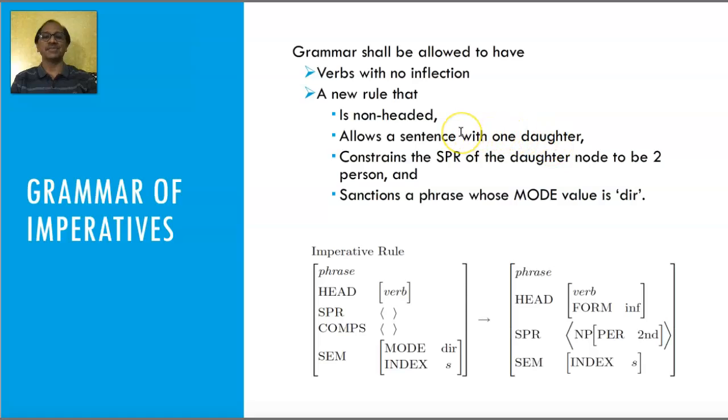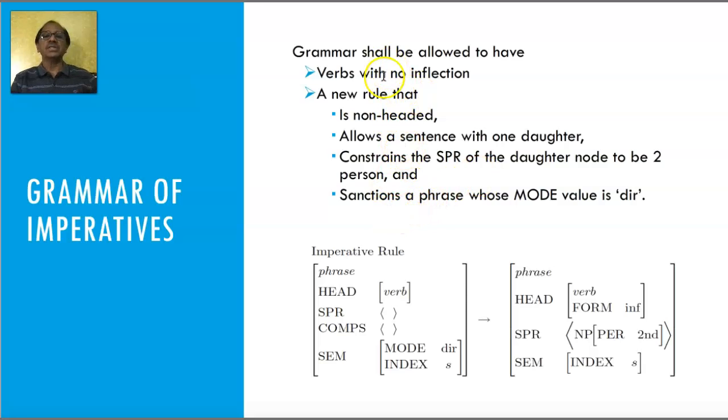That means you cannot have a subject, so there should be only a VP, right? That's only one daughter, and that cannot be head daughter. And also the constraint that the specifier of the daughter node should be second person. The specifier of the VP has to be second person, because the subject of the imperatives are all second person only.